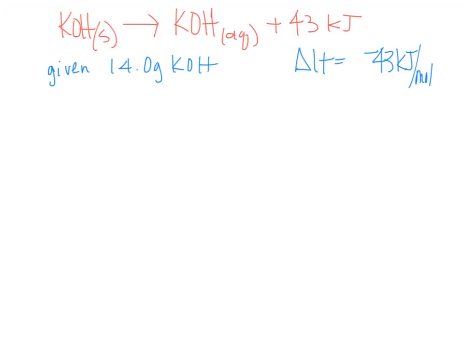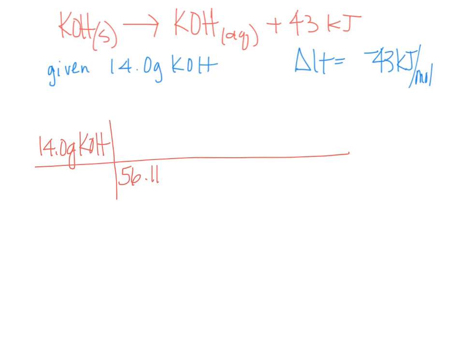All right, so I just rewrote that. We had the KOH solid going to the KOH aqueous plus 43 kilojoules. And so we said that means that's a negative 43 kilojoules per mole, and we were given 14 grams. So we're going to start with the 14 grams of KOH, and we need to convert that to moles of KOH, and we do that using the molar mass, just like we've been doing for quite a while now.